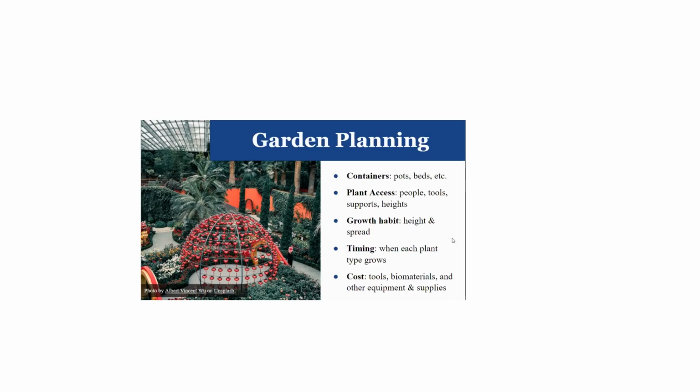Maybe you do a seed swap because so-and-so has pumpkin seeds and they really want cucumber seeds that you have, so you can do a swap that way. If someone wants to donate something to you, like mulch, or if you have tools that someone has, you can think about the ways around that. Or if there's no way to access those things because you can't buy them, or no one has them to donate or swap with you, then you might just have to forego it altogether, which changes your plan as well.